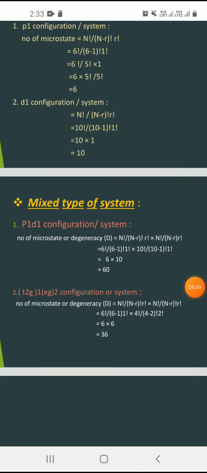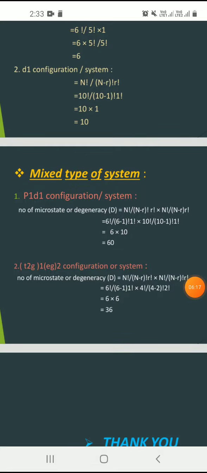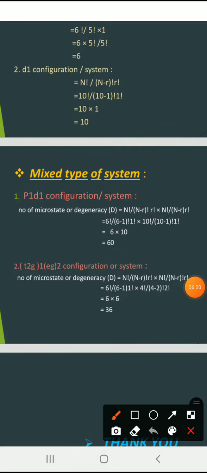Now we will see the number of microstates for a mixed type of system. First we see the number of microstates or degeneracy for the p1d1 configuration. Here we know the formula for the number of microstates, that is capital N factorial divided by (N minus r) whole factorial into r factorial.